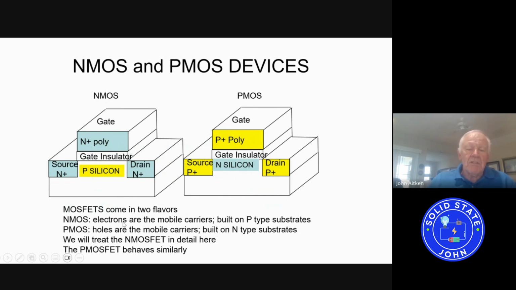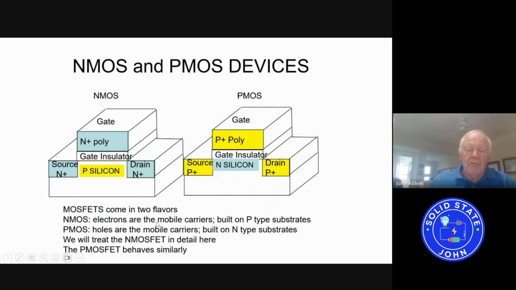In NMOS devices, electrons are the mobile carriers. So the electrons are transported through the source, through the silicon when the gate is switched in the on position, to the drain.